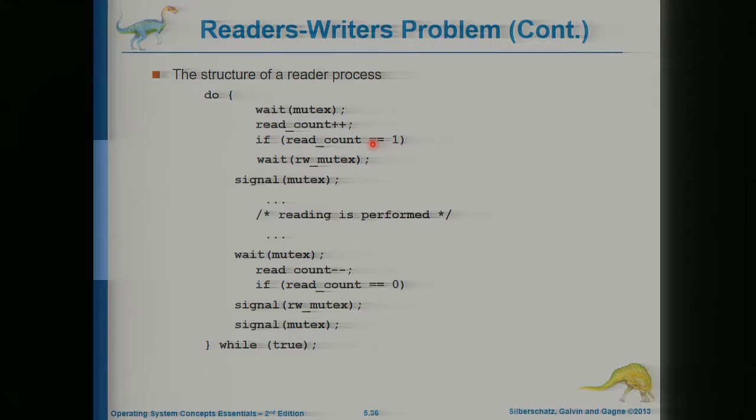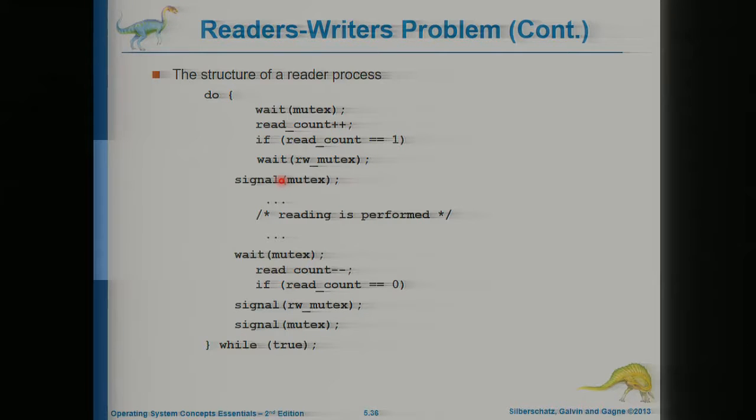If the read-write mutex is available, then you will signal the mutex. Signaling the mutex will allow the other process who wants to read the data set to increment the read count and enter into the reading process. So after this process signals the mutex, it will start reading.